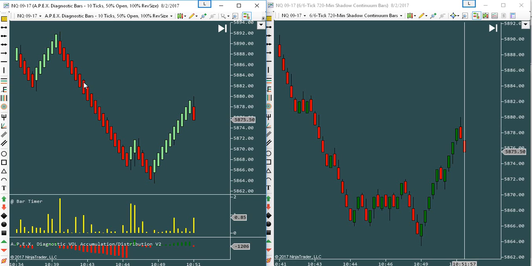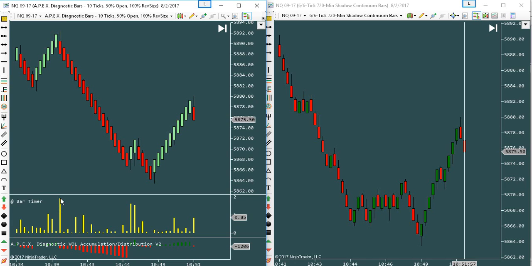See this bar and this bar, look at these little bar timers. Boom, boom, boom, they're moving. But look at this one and this one. They took a while, didn't they? And see that little bitty wick right there? That means this bar closed down. The market started to come down, then it pulled up and pulled down and pulled up here and made that wick and pulled down, and then it went on down.